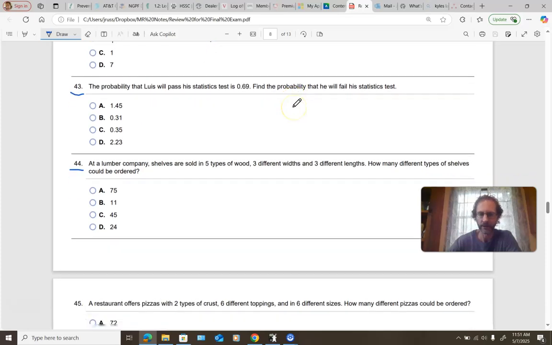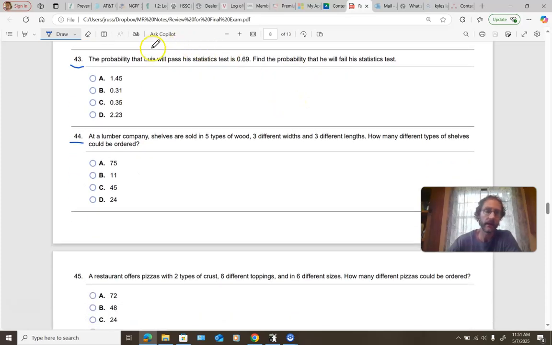Number 43. The probability that Louise will pass his statistics test is 0.69 or 69%. Find the probability that he will fail his statistics test. So we're going to utilize that concept of a complement, okay?